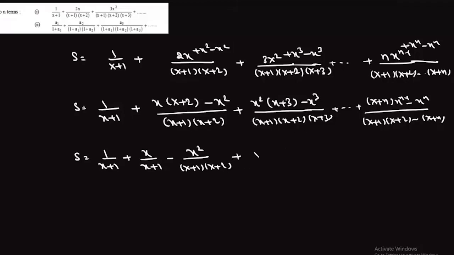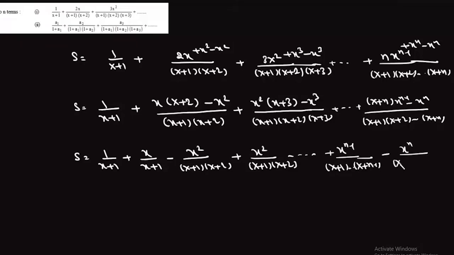Here x plus 3 will cancel, so it will be x square upon x plus 1, x plus 2, and then all other terms. And here x plus n will cancel, so there will be x to the power n minus 1, x plus 1 up to x plus n minus 1 minus x to the power n upon x plus 1 up to x plus n.